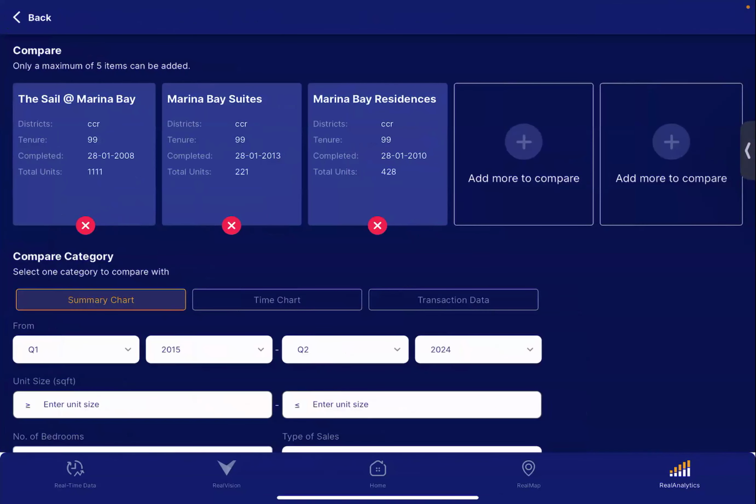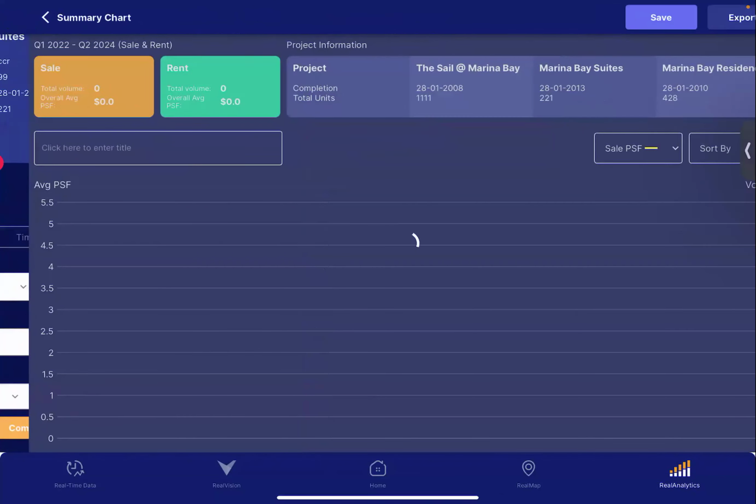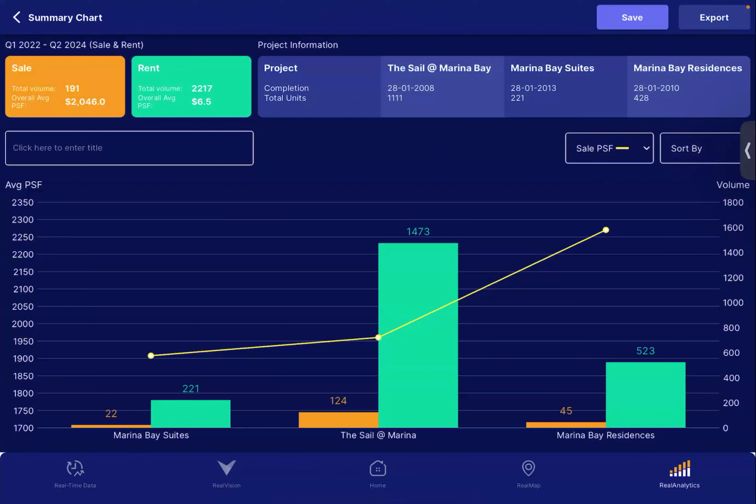When I compare the last 2 years, you can see these 3 projects side by side: average PSF, amount of rental volume, amount of sales volume. Like I mentioned, the yellowish orange bar chart is the amount of sales transactions. The turquoise greenish blue one is the amount of rental transactions.